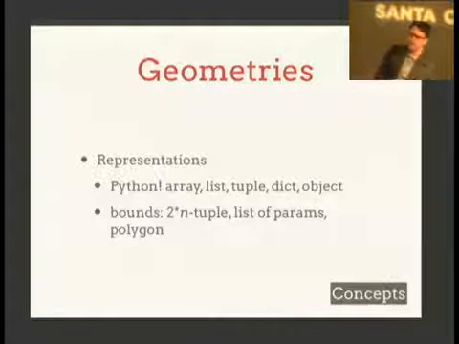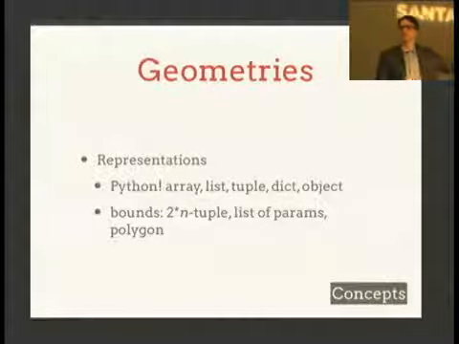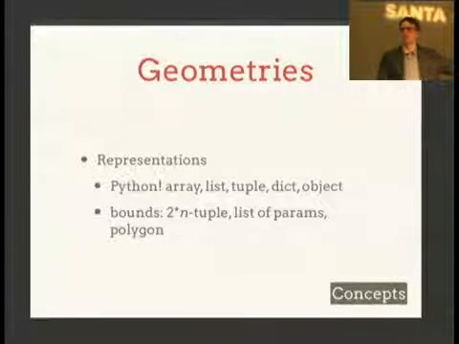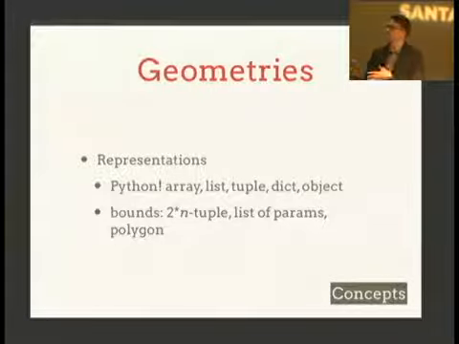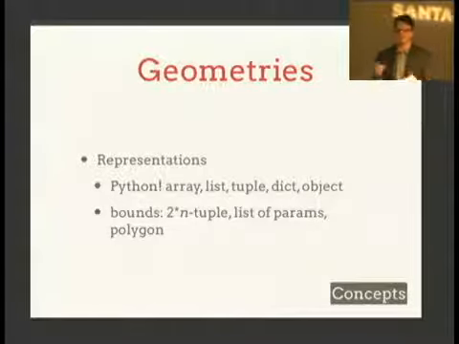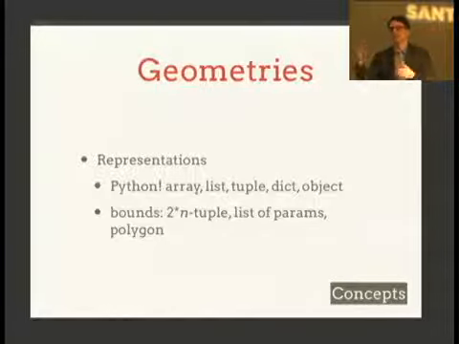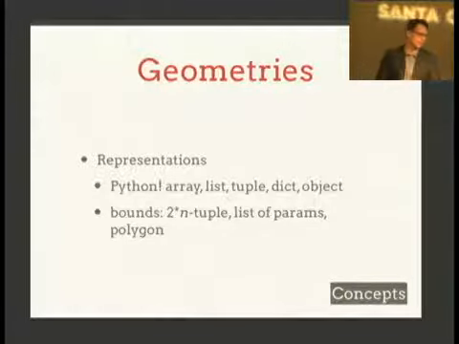And then representationally, we can have Python objects that represent spatial data. I talked a little bit about how we represent data in the machine with values, and representationally with spatial data it can be anything. It can be an array, a list of points, coordinates, a tuple, a dict where the key is x and the value is the value of that x coordinate.